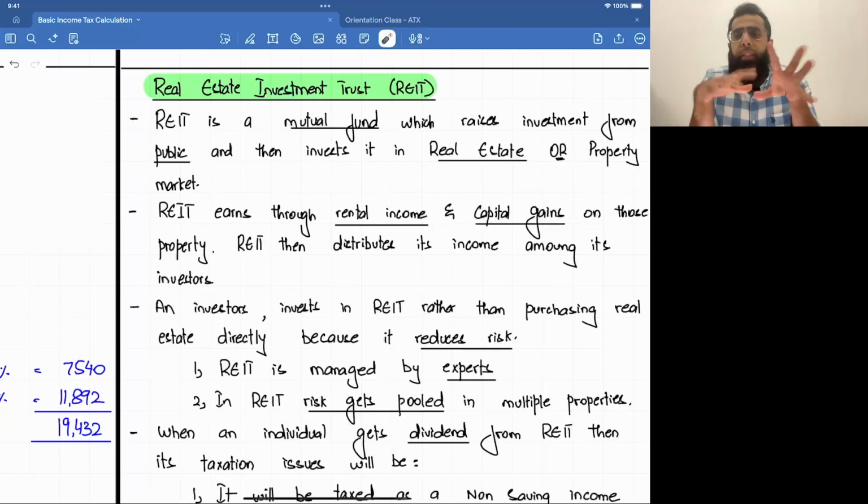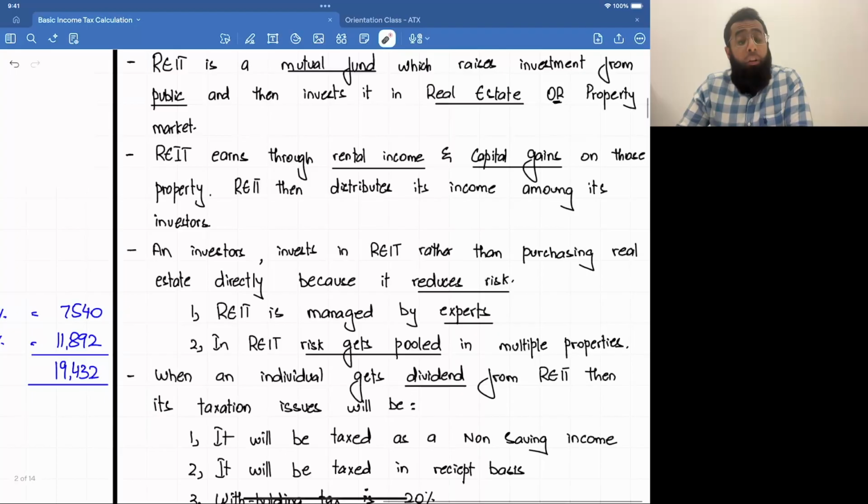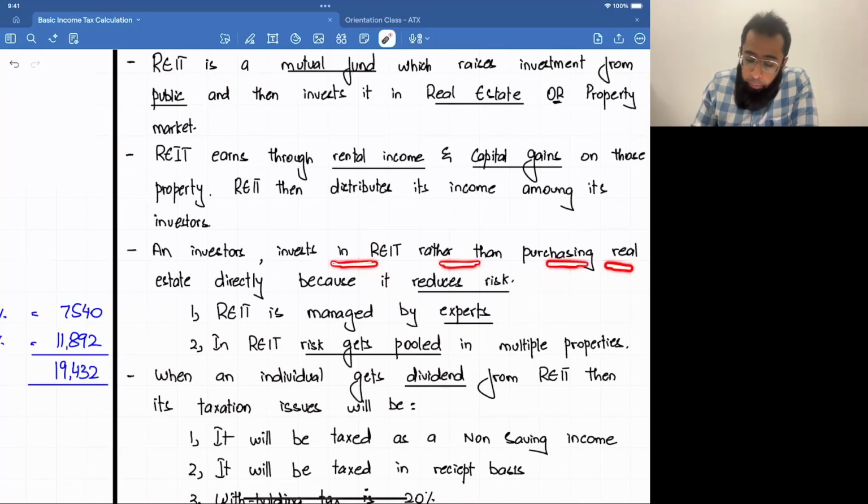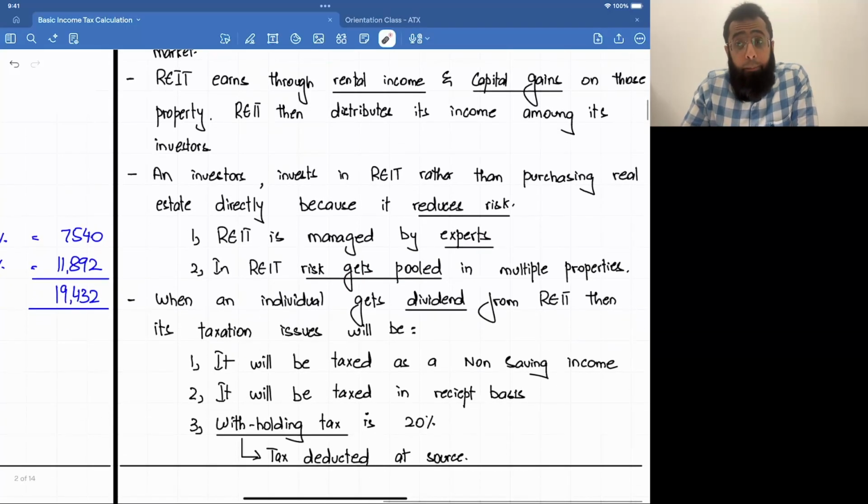We put them in the real estate investment trust, maybe 50,000 investors, a big pool, and then the REIT is managed by experts. The risk is getting pooled because they invest in a lot of properties. An investor invests in a REIT rather than purchasing real estate directly because it reduces the risk. These are the experts, and the risk is pooled because there are a lot of investors.